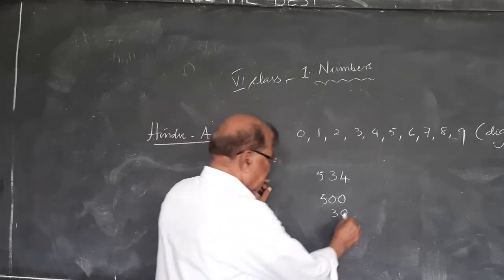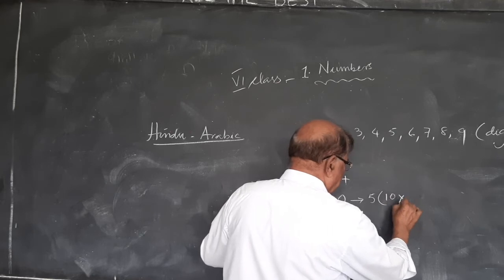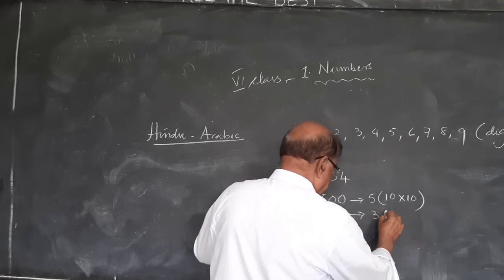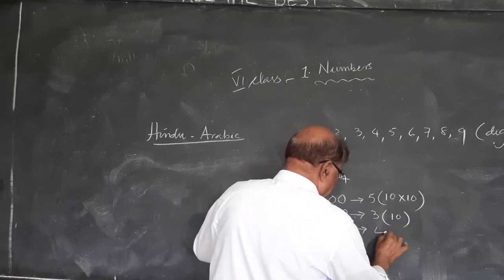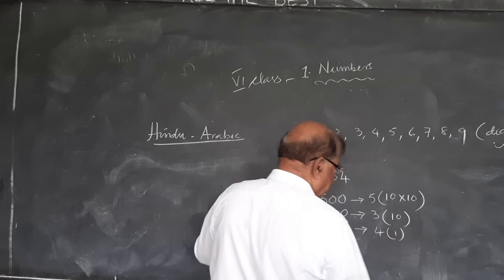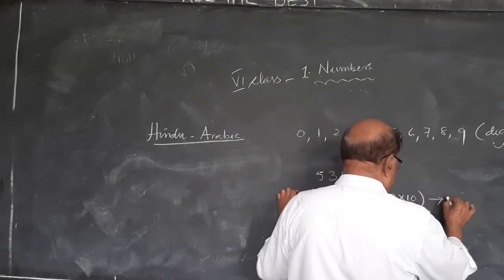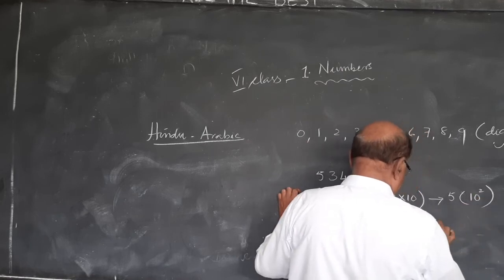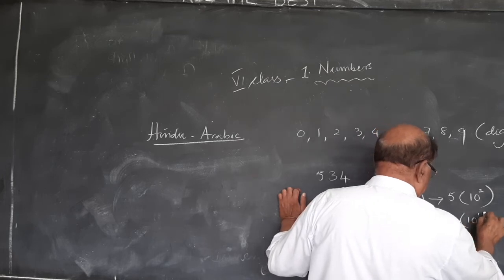This 500 can be written as 5 into 10 into 10, which is 5 into 10 square. The 30 can be written as 3 into 10, that is 10 to the power of 1.